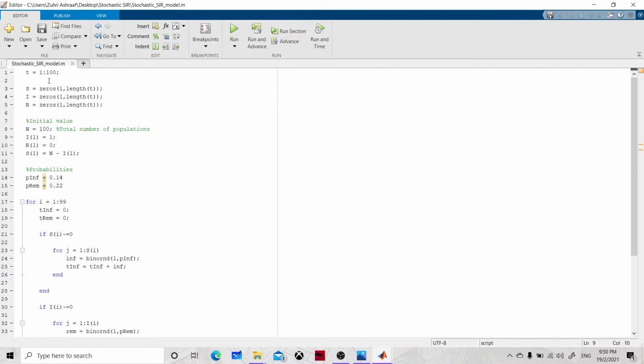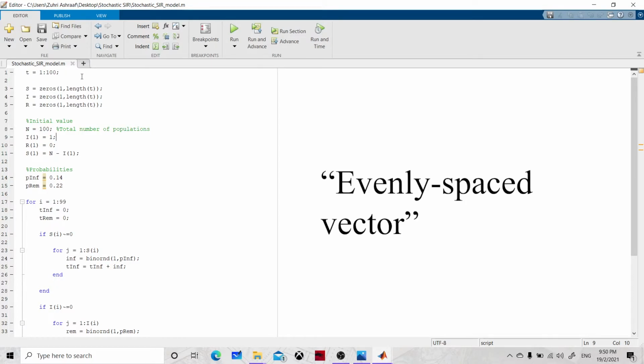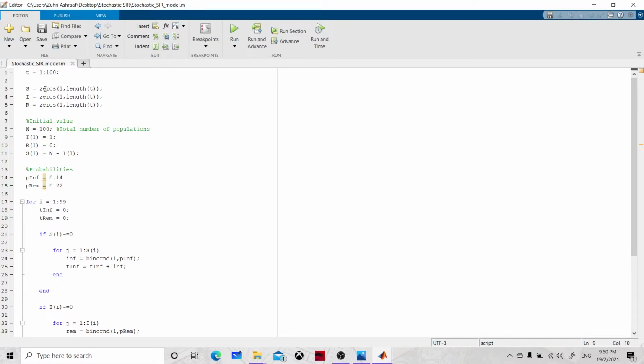Okay, so the first thing that we will do is create a time vector. The time vector is of course the x-axis of our model. So we just create a vector from 1 to 100. The next thing is to create the vectors for S, I, and R. For example, for S, we create a zeros vector with one row, and the number of columns equal to the length of t.